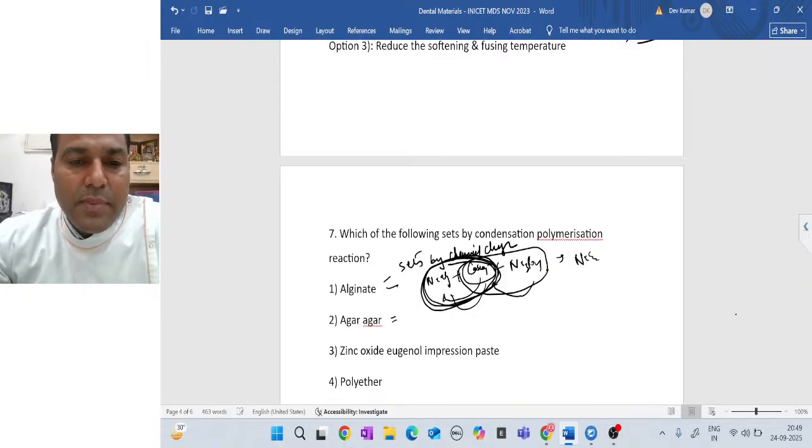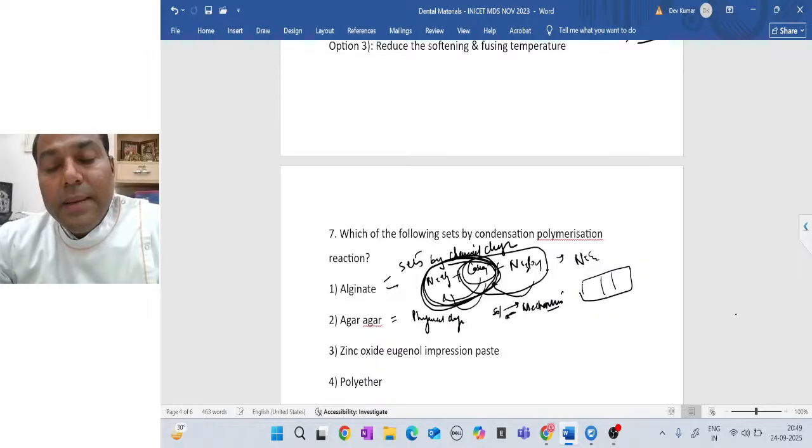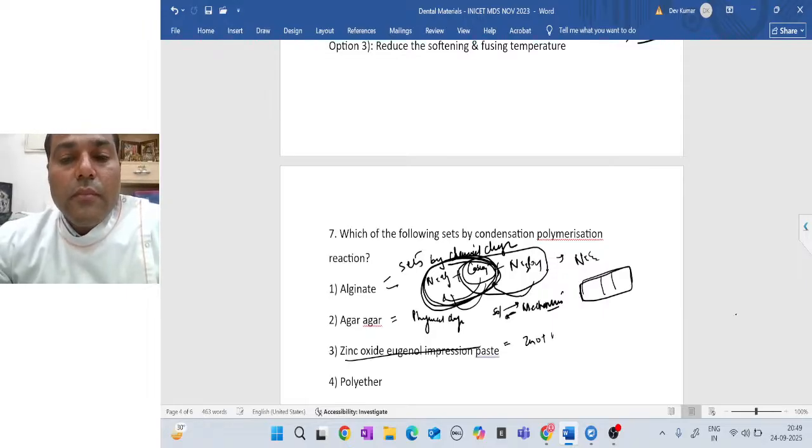Agar sets by physical change. We know it is based upon the sol gel mechanism. Okay, we have 3 chambers, the liquefaction chamber, the tempering chamber. Okay, zinc oxide eugenol impression paste, again it sets by zinc hydroxide plus water.